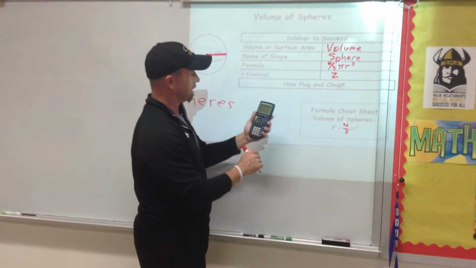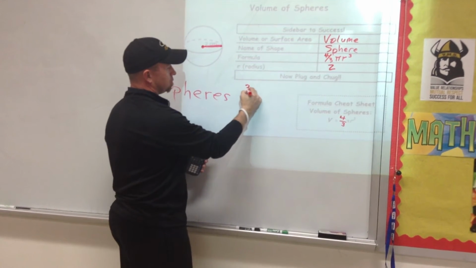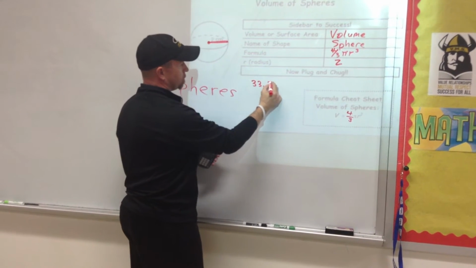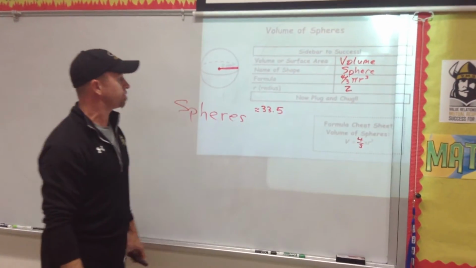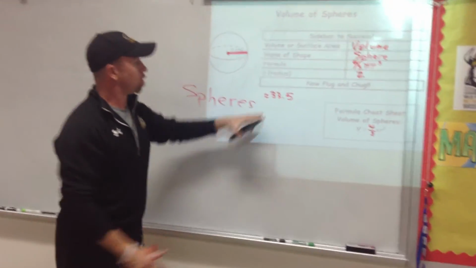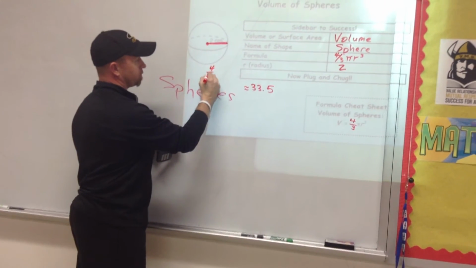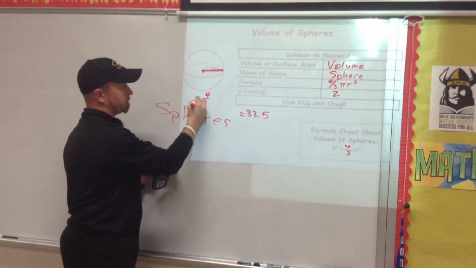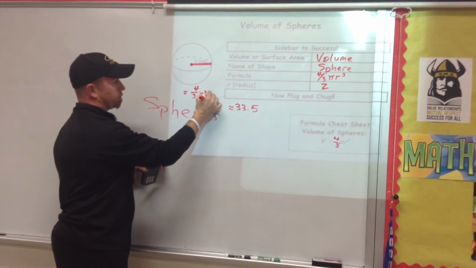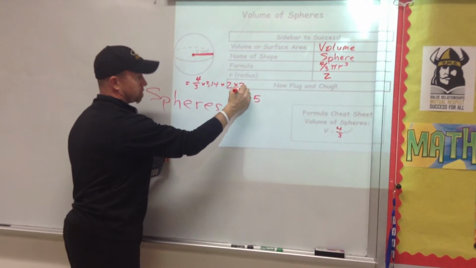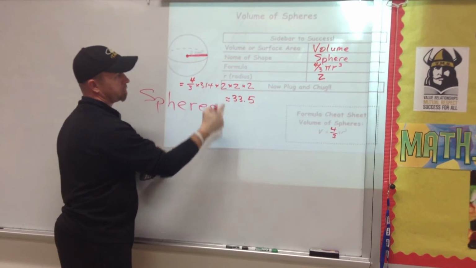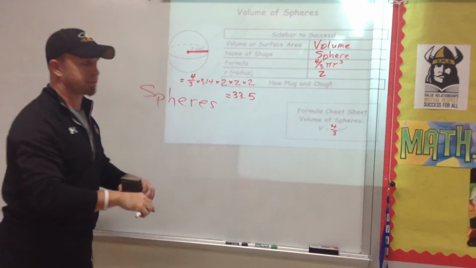Once you do that, for this particular answer, we get 33.5. I rounded a little bit because it was really 33.49. So all we did was 4 divided by 3 in the calculator, times 3.14, times 2, times 2, times 2, because we have to do the radius 3 times.